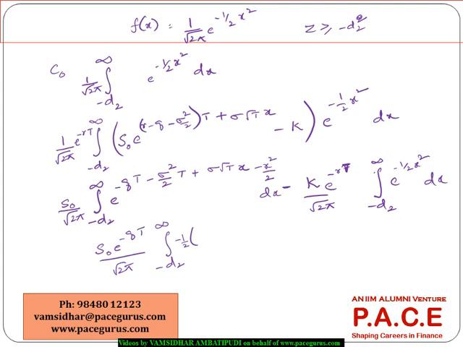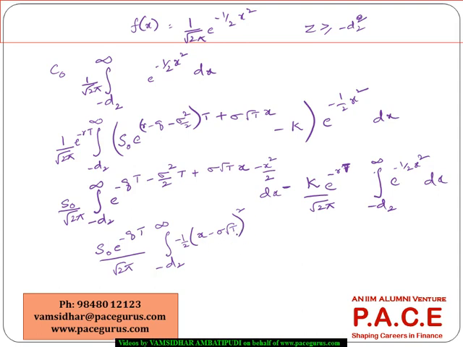So it becomes x minus sigma root t whole squared: x squared by 2 minus 2x sigma root t by 2, so x sigma root t, plus sigma squared t by 2.